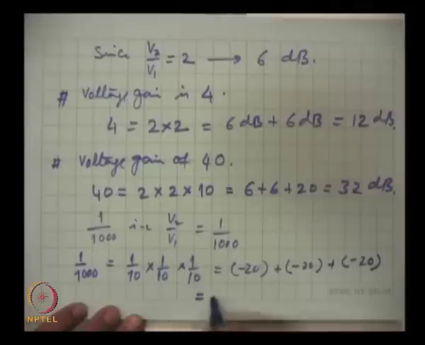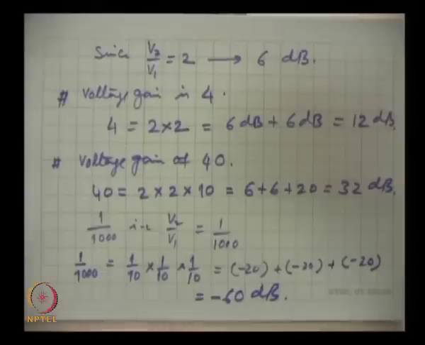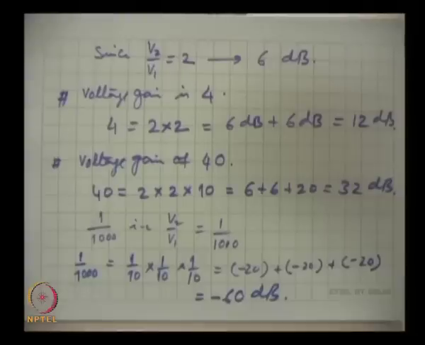So, this is minus 60 dB. If the voltage at a point has fallen to 1,000th of its previous value, in terms of dB it is a fall, and we say that voltage at that point has fallen by 60 dB.